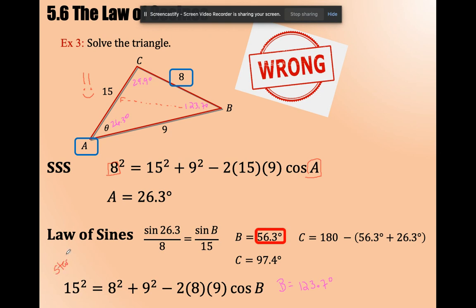When you're doing side, side, side, if you start with the largest side, here, I would have gotten 123.7 right away. I would have checked, yep, that's a go, right? And then my law of sines would have been more apparent as I was going along.